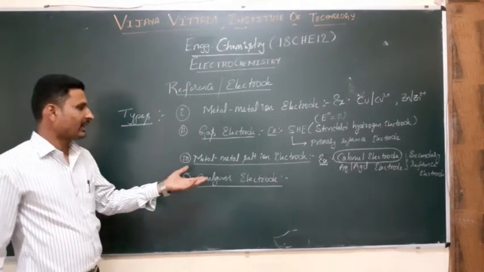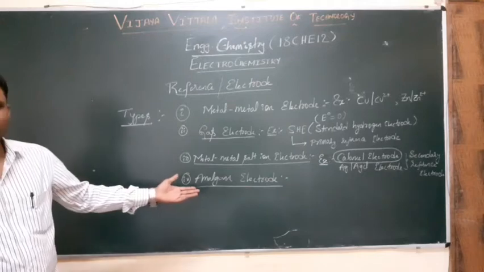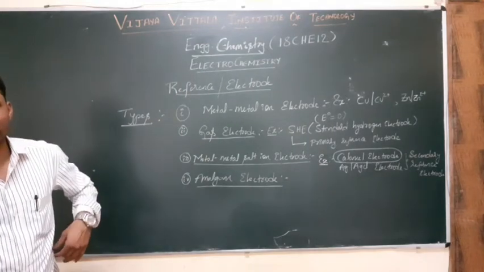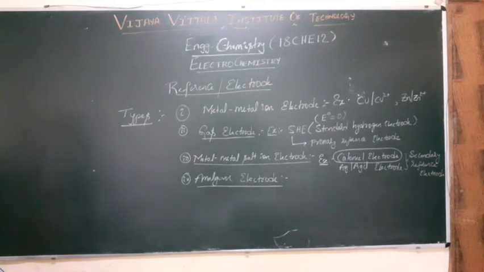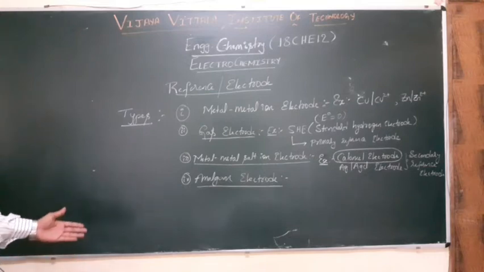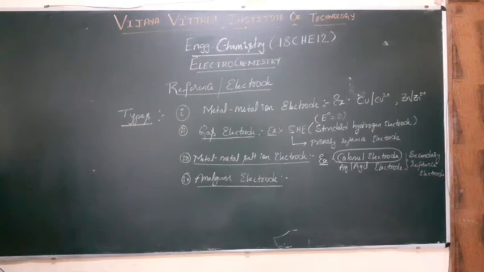Generally we take mercury with another metal, and that is an amalgam. For this amalgam electrode, we take the lead amalgam electrode as an example.